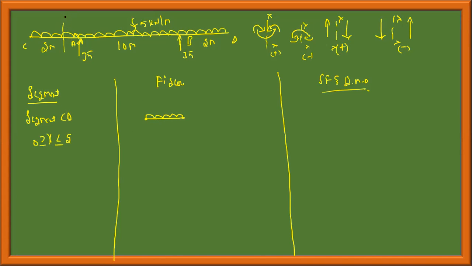Here I am passing a section somewhere here, X1. This is distance x, and this is of magnitude 5 kilonewton per meter.